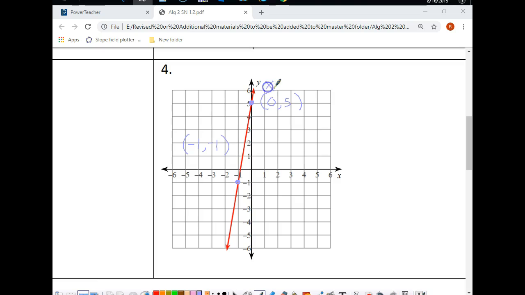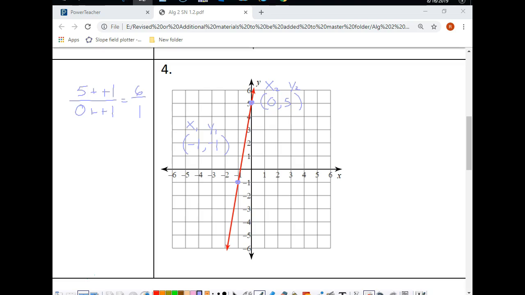All right, so you have these, right? So we have y2 minus y1 over x2 minus x1. Now some of you guys got -6 over -1. That's fine too because it's still positive.